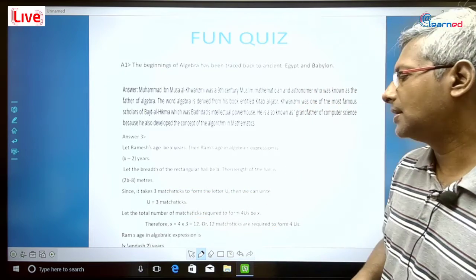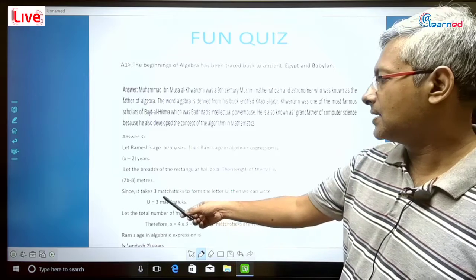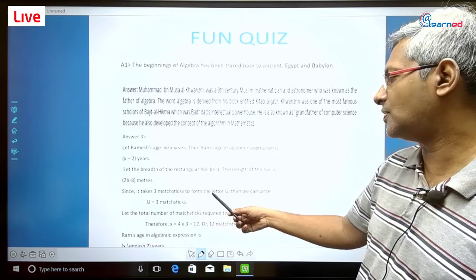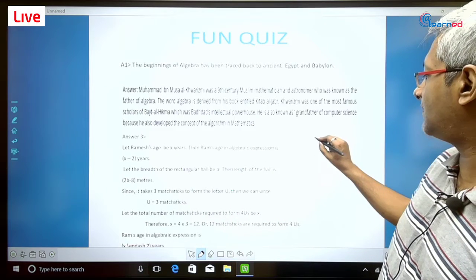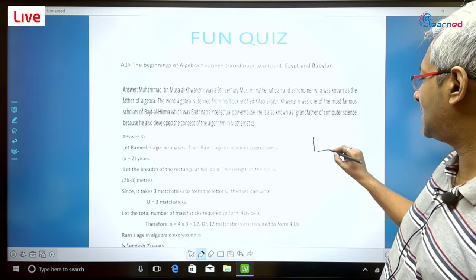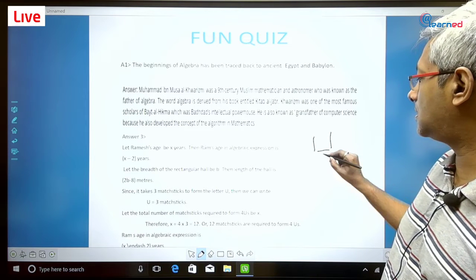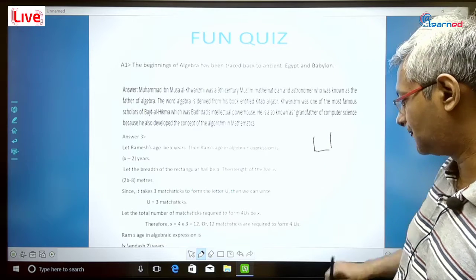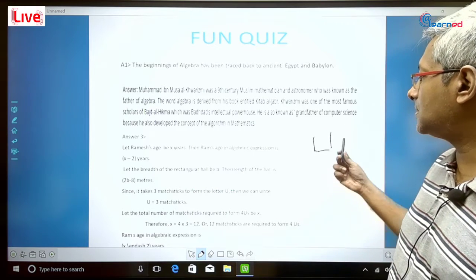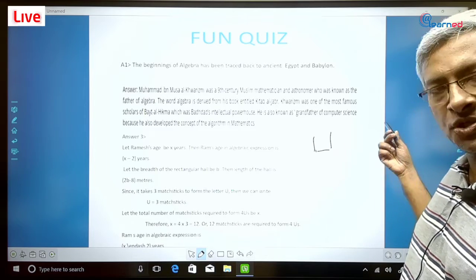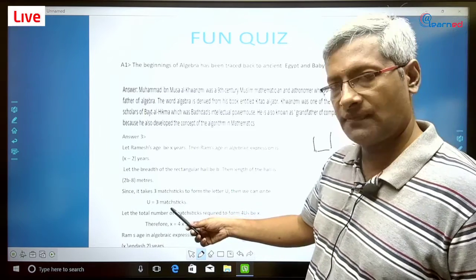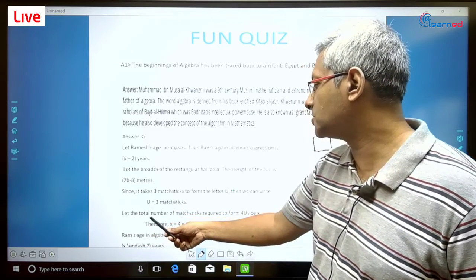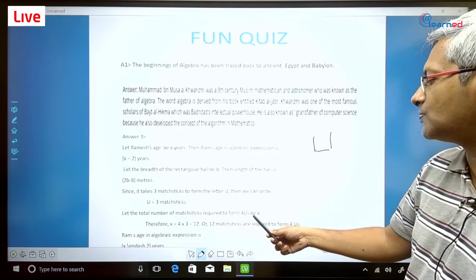Okay. Now we come to the last one. In the statement it was mentioned that 3 matchsticks are needed to form the letter U. So if I have 3 matchsticks, I can form a U-shaped figure like this. So 3 matchsticks would be needed to form the letter U. How many matchsticks would be needed to make 4 such U's? Simple, 4 into 3, 12, but we will see how it is in the form of an expression. Let the total number of matchsticks required to form 4 U's be x.